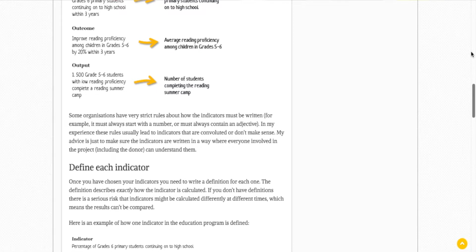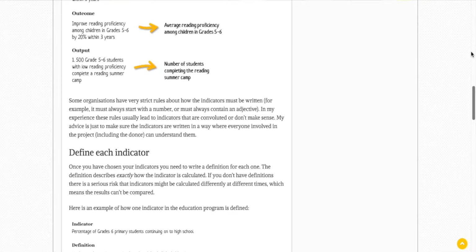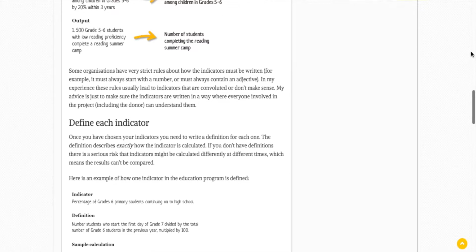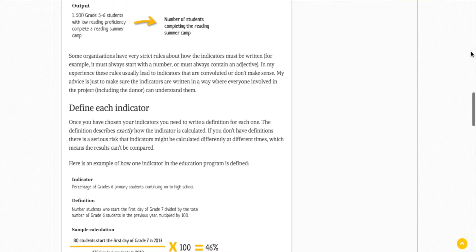So it is advisable, as per them, to write the indicators in a broader way, where every human resource is involved, including the donor, and they can understand, because understandability is very important. Now coming to the point, how to define each indicator.